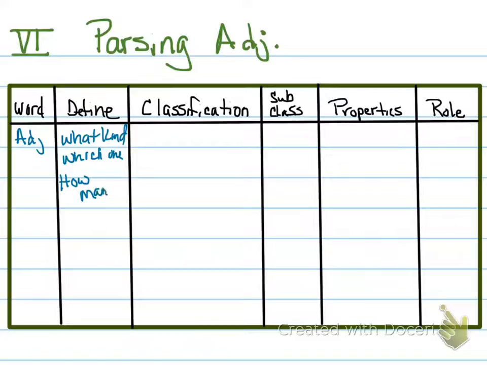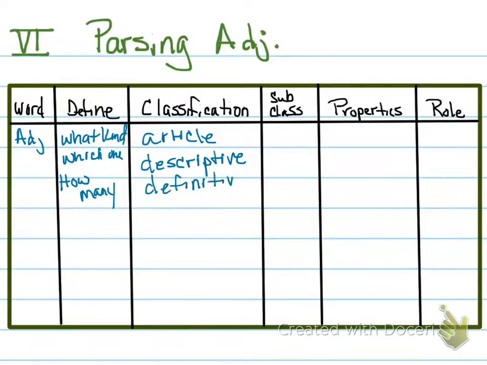And then classification. What are our 3 classifications for adjective? Article, adjective, and then the 2 Ds. Our descriptive or describer adjective, and then the one that narrows it, our definitive adjective. It'll only be one of those 3.